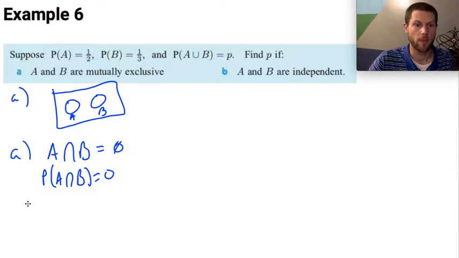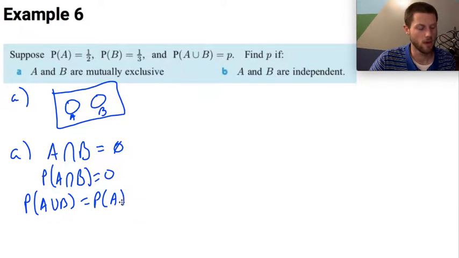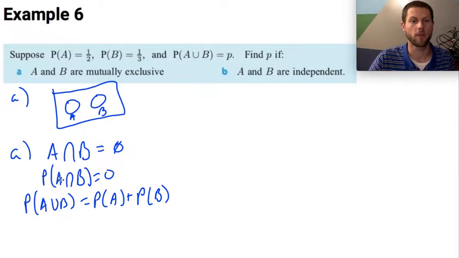And I know that the probability of A or B is equal to the probability of A plus the probability of B. Typically I would have to subtract the probability of A and B, as you can look back at with that addition property, but for mutually exclusive events I don't need to subtract 0.